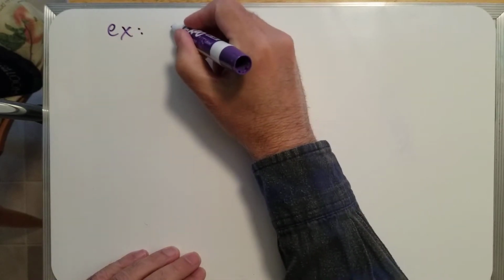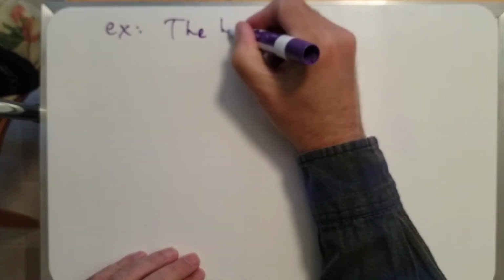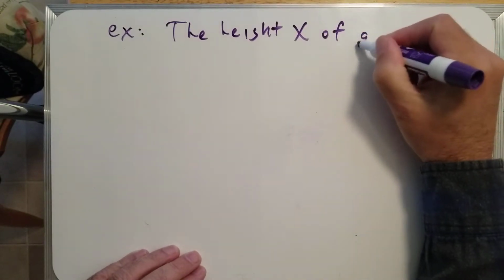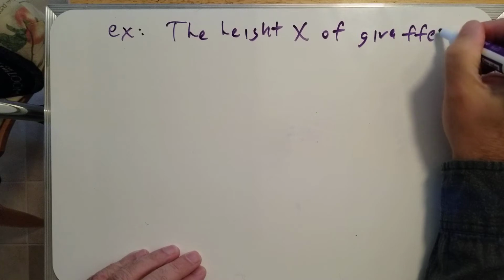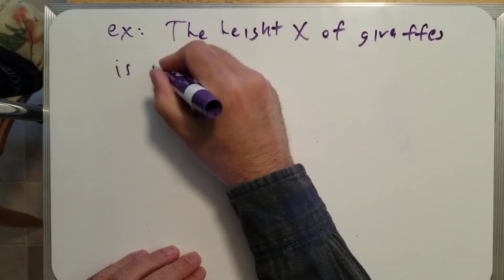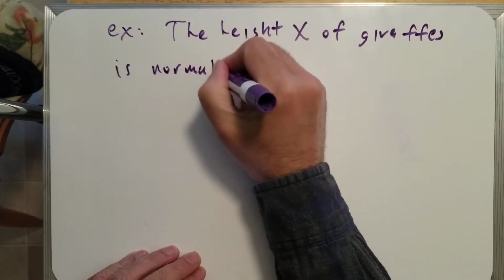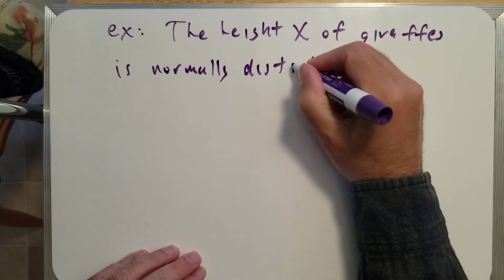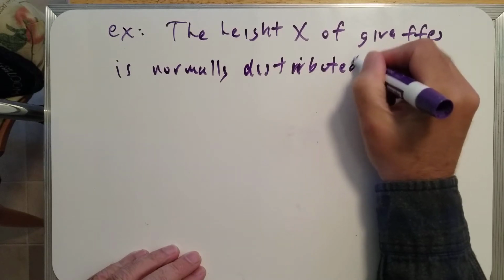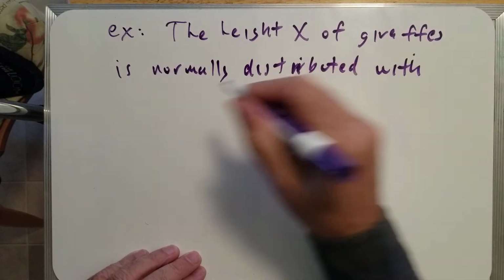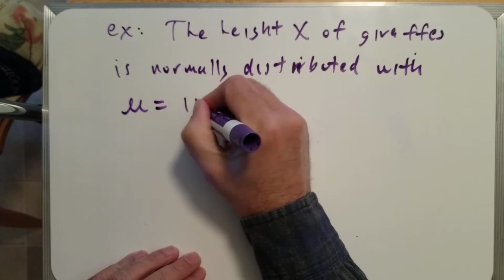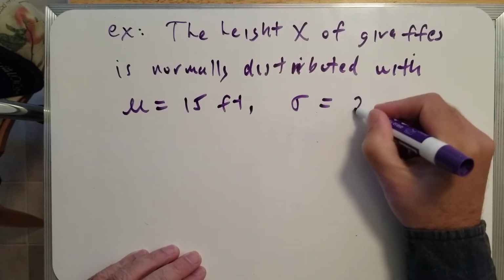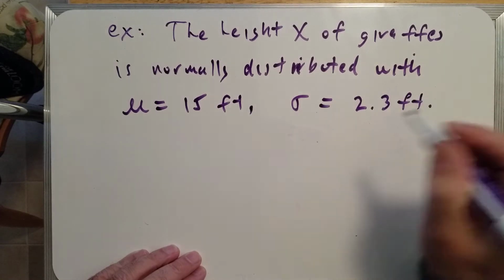Example: the height x of giraffes is normally distributed with mean equals 15 feet, standard deviation equals 2.3 feet.